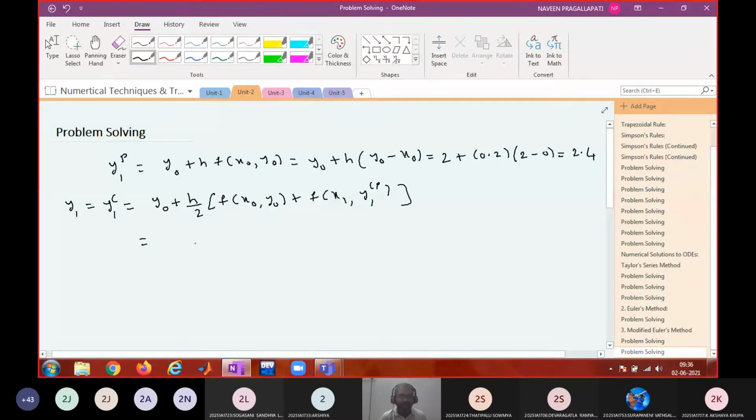So you just substitute the formulas first: y0 minus x0 plus y1 predictor minus x1.